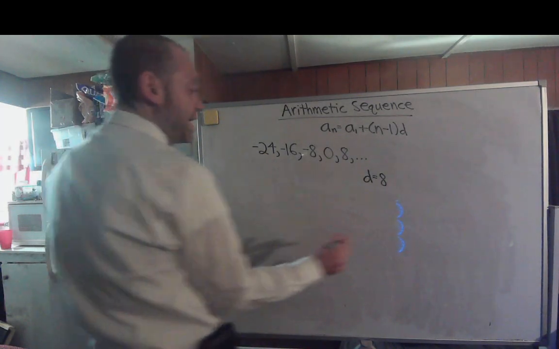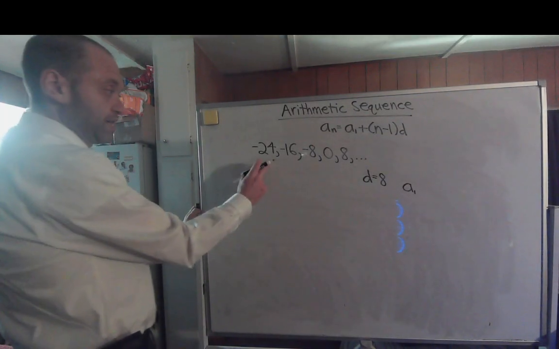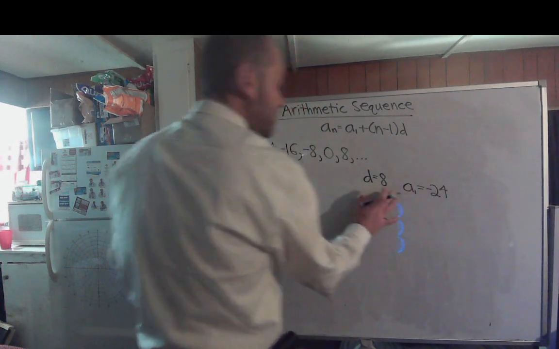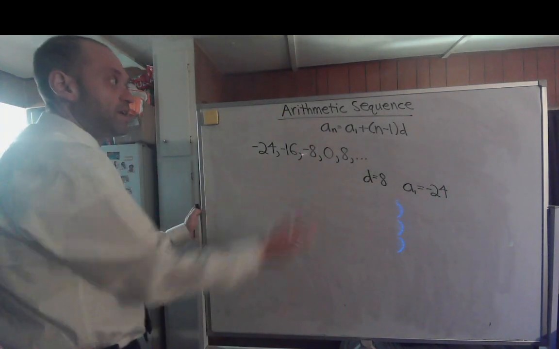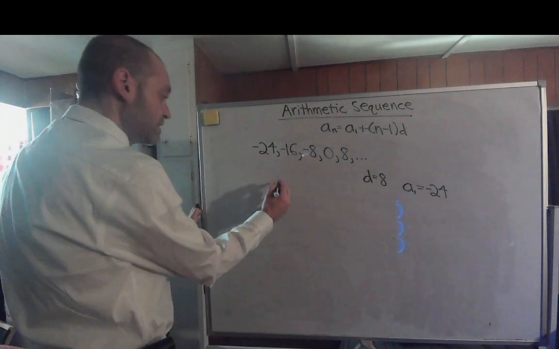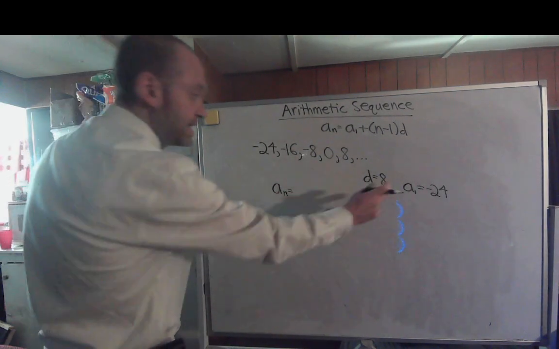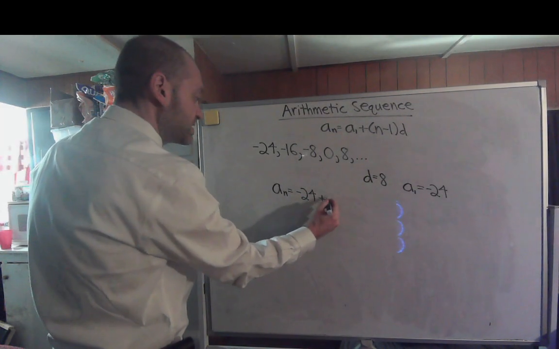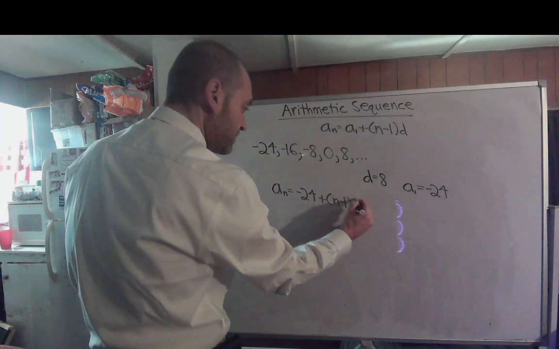And then we have our very first term, which is a sub 1, that's negative 24. Now that we've identified our common difference and our first term, we have enough to find the explicit formula. So a sub n is going to equal my a sub 1, which is negative 24, plus that n minus 1 times that common difference d of 8.